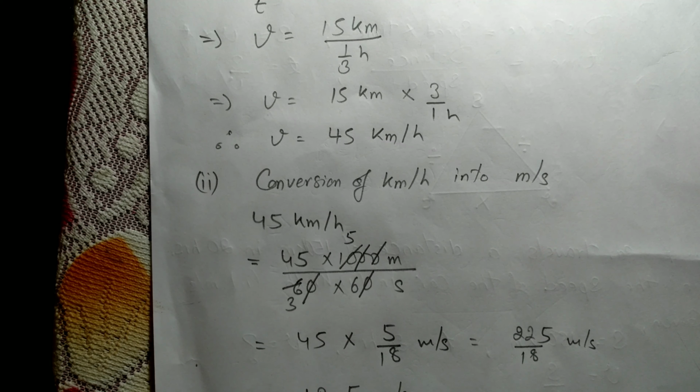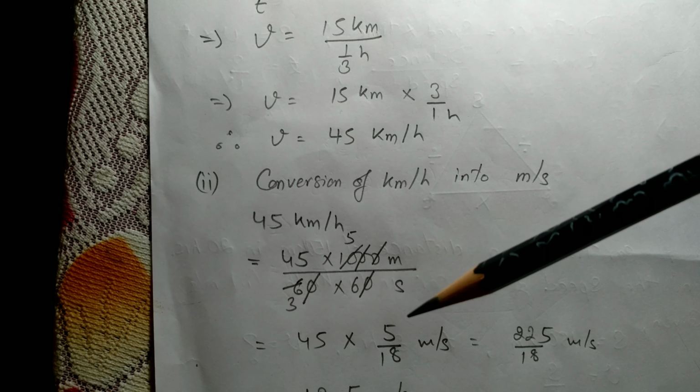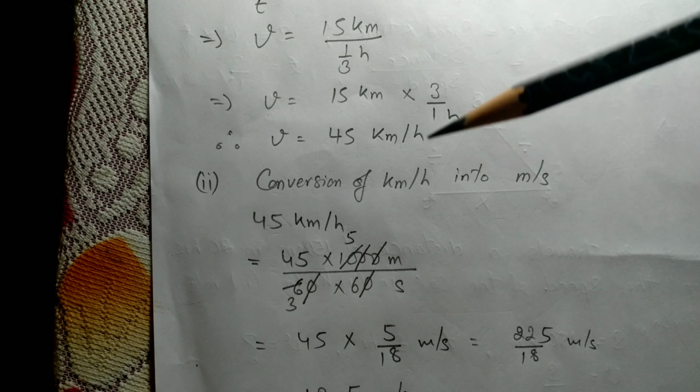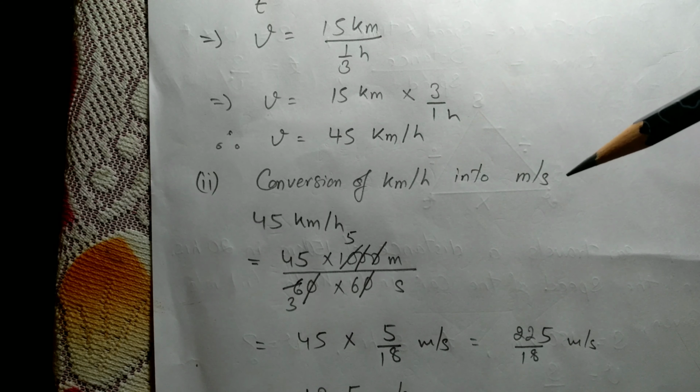So here I haven't touched 45 because when we are converting the units, I'm getting a fraction. Right now I'm getting 5 upon 18 when I need to convert kilometer per hour into meter per second.